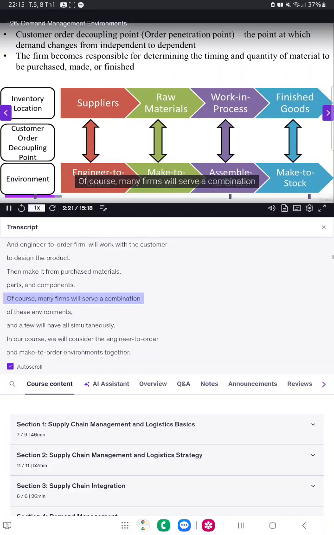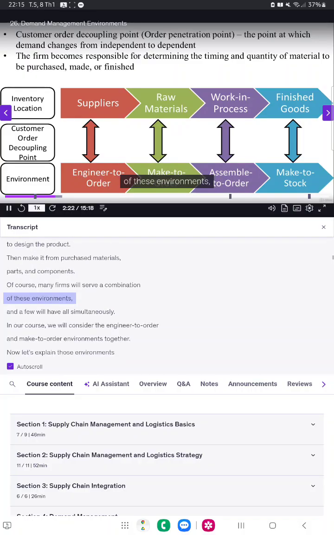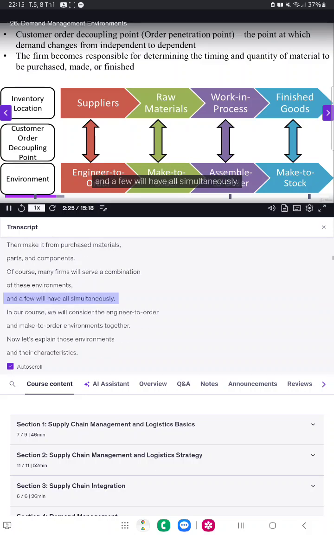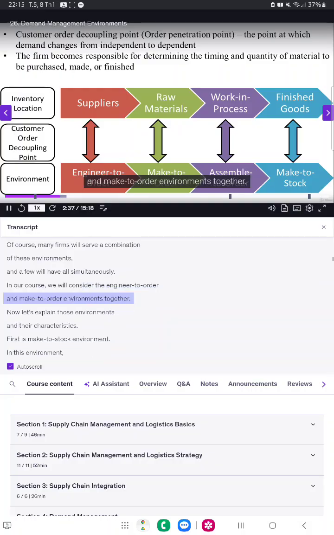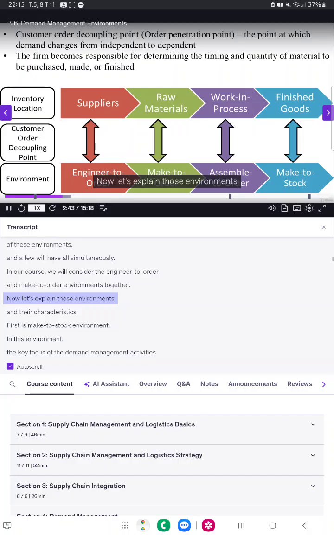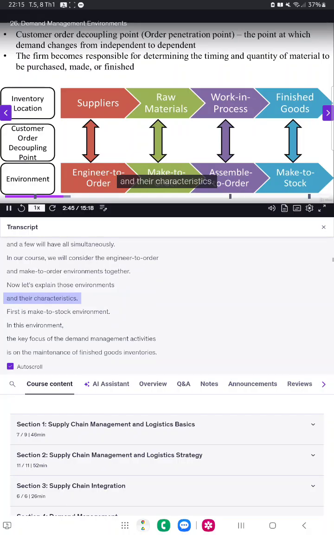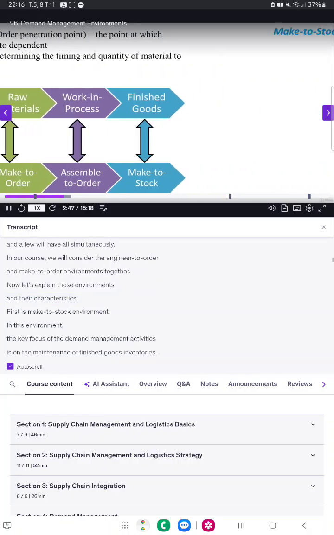Of course, many firms will serve a combination of these environments, and a few will have all simultaneously. In our course, we will consider the engineer-to-order and make-to-order environments together. Now let's explain those environments and their characteristics.